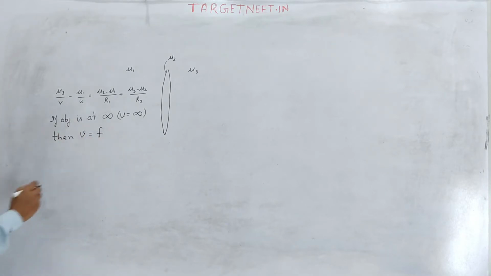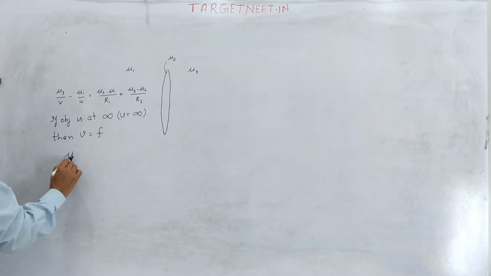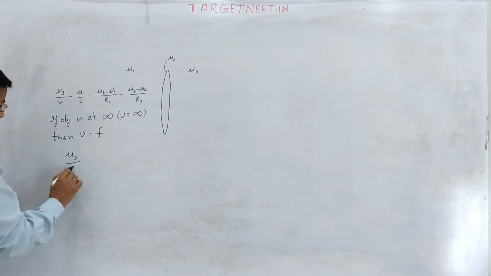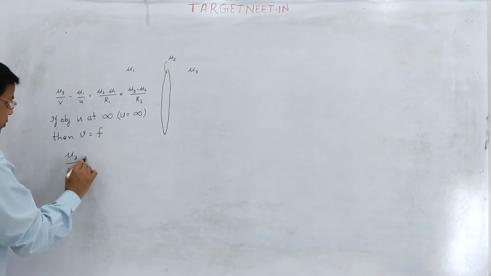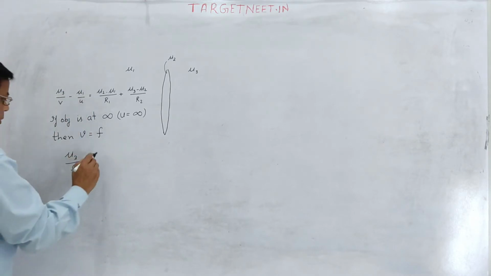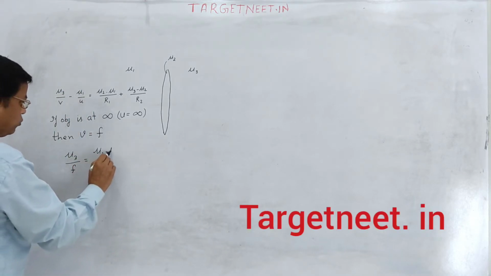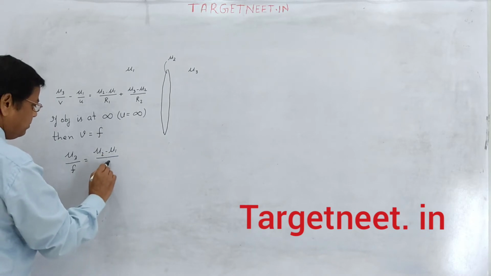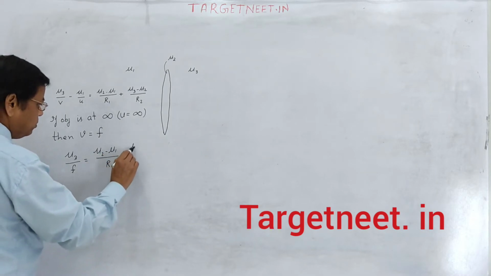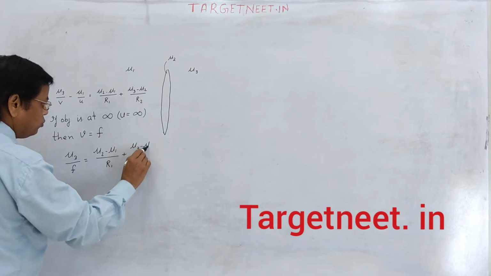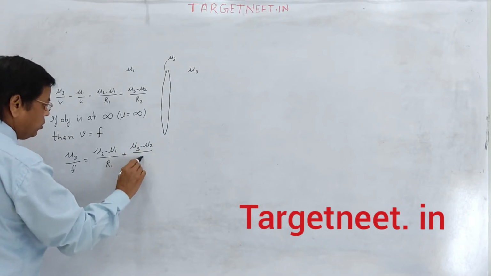This we know, so replace it. So it is mu3 upon f is equal to, this becomes 0, mu2 minus mu1 upon R1 plus mu3 minus mu2 upon R2.